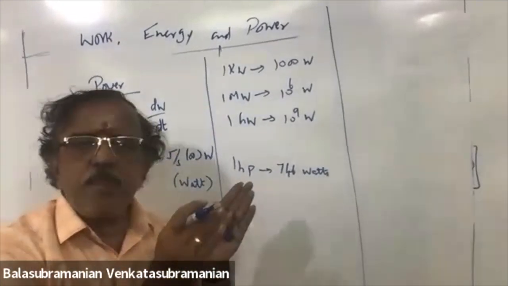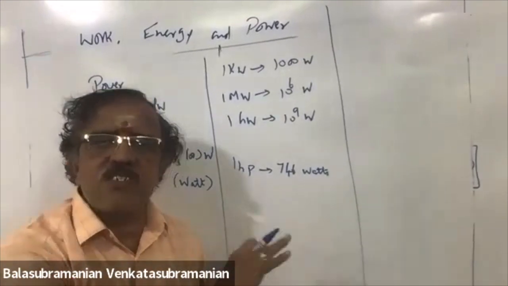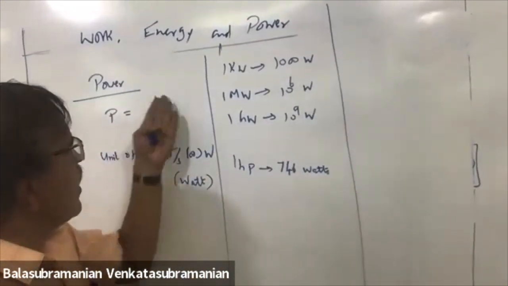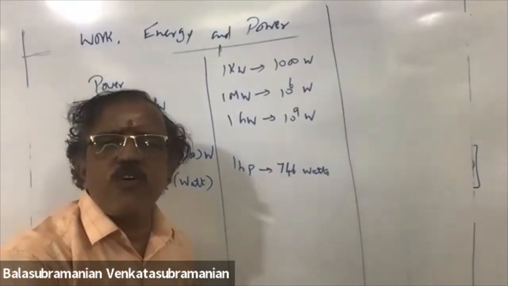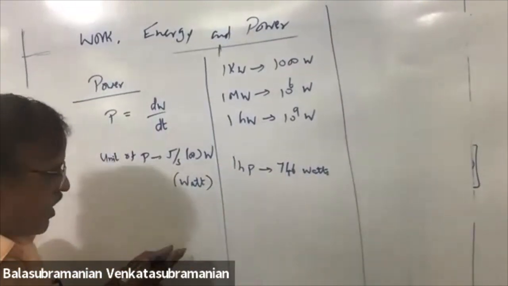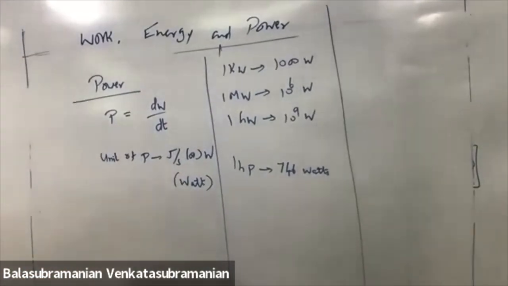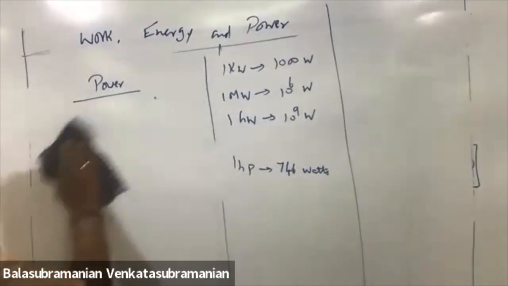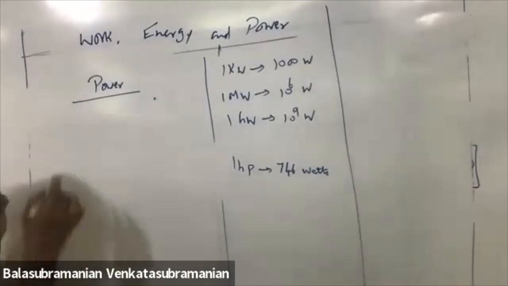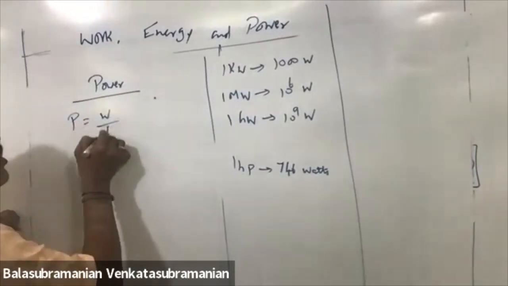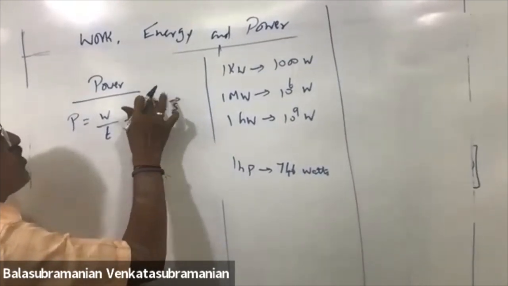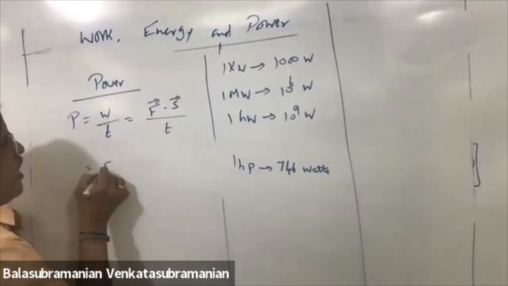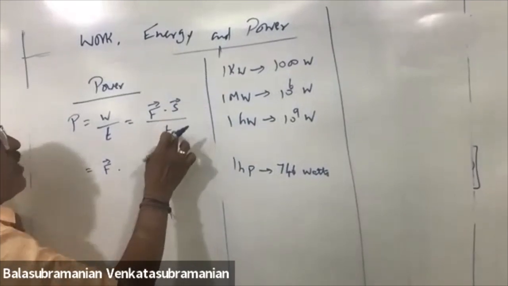Sir, I need power in terms of velocity. You have written work done by time. Work done is dependent on force and displacement. So I can write power is nothing but W by T, that is F vector dot S vector by T. F vector dot S by T is what?